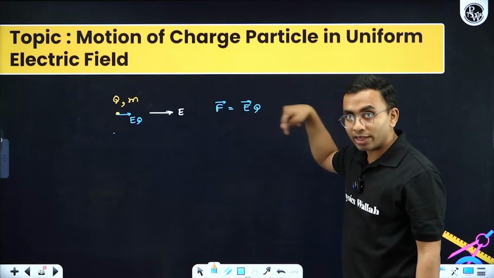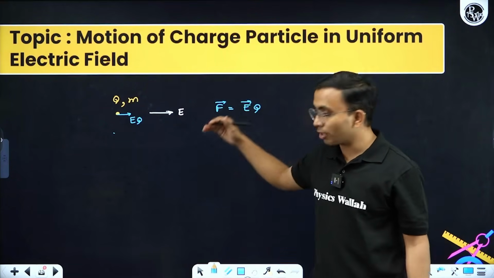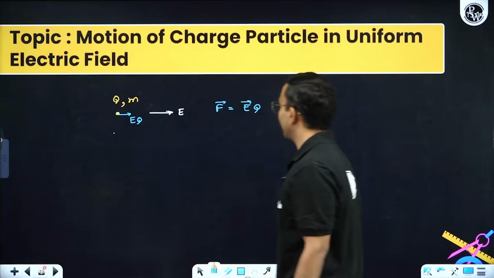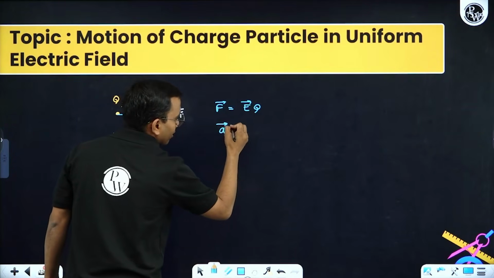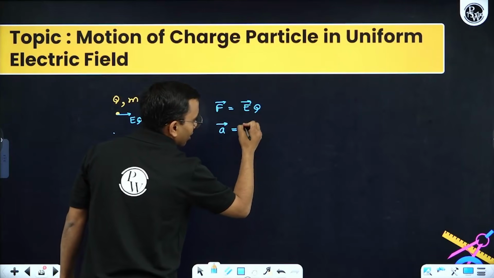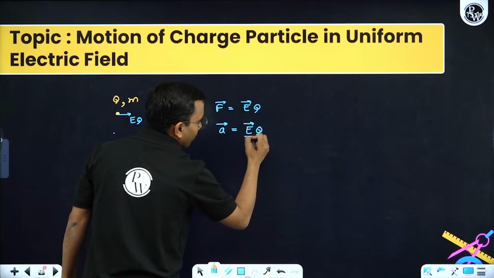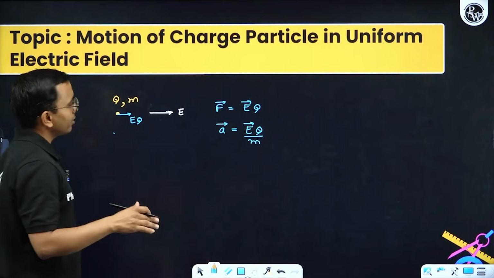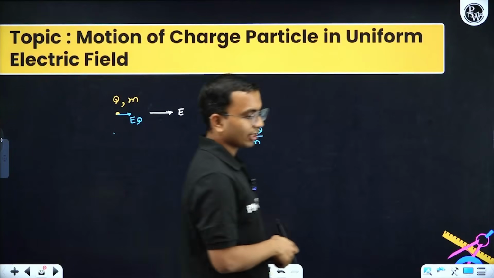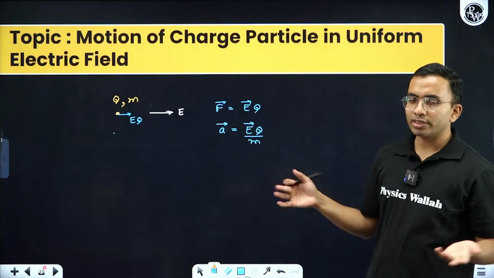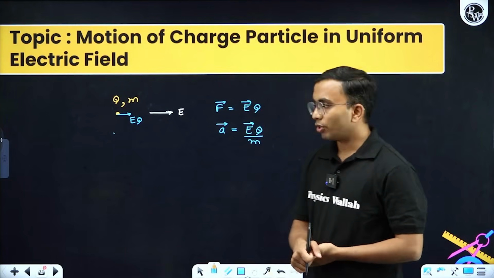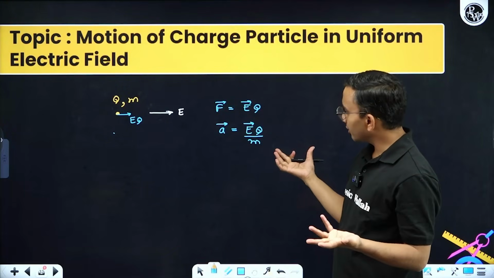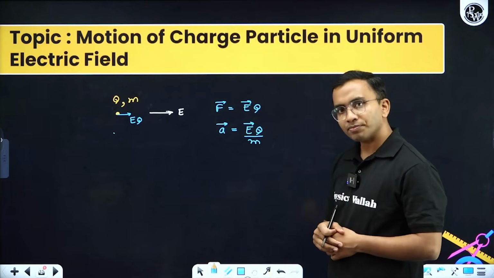Multiply a vector with a negative sign, the vector becomes opposite, so force will be in the opposite direction. From here, the acceleration will become EQ by M. And then you can analyze it. If some initial velocity is also there in one direction, you can also consider that. Just take this acceleration and solve it further.